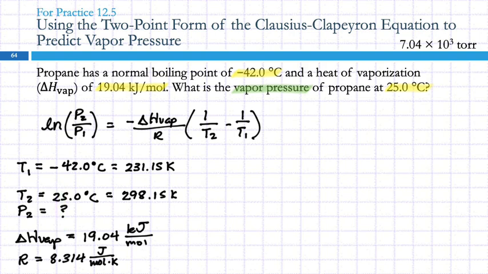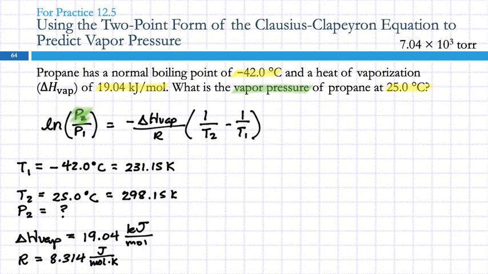So we're trying to find P2, but what are we missing? What's P1? It doesn't say. But it says this is the normal boiling point. What's the pressure at the normal boiling point?